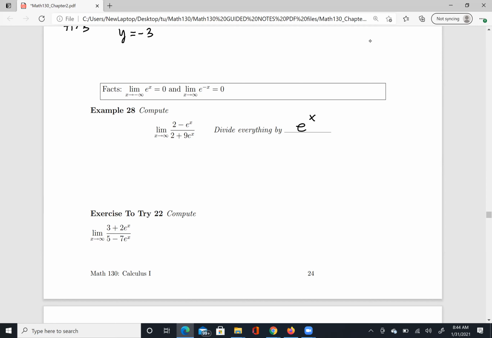So what I have here is the limit as x goes to positive infinity.